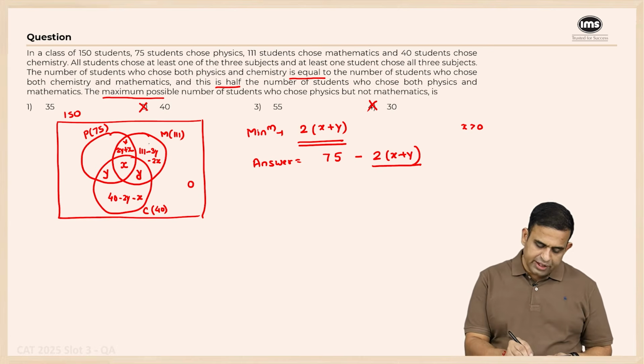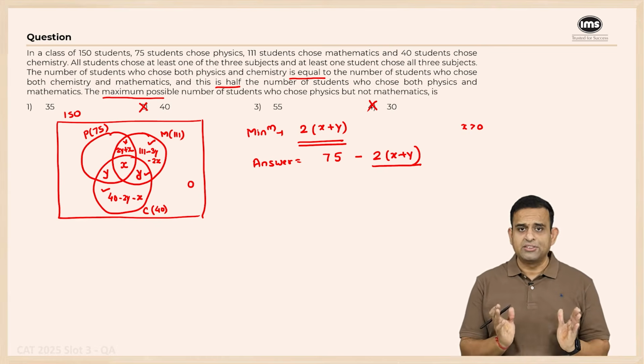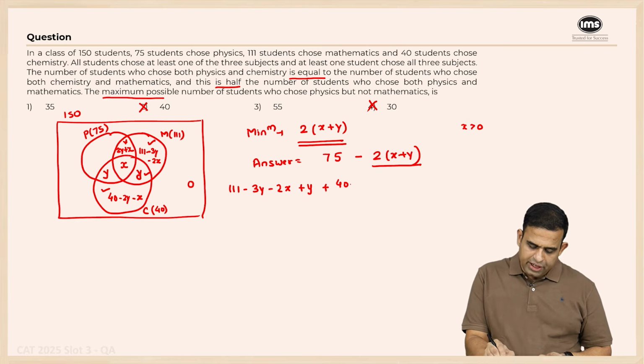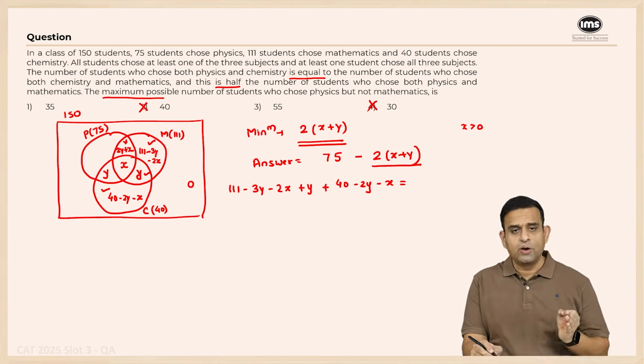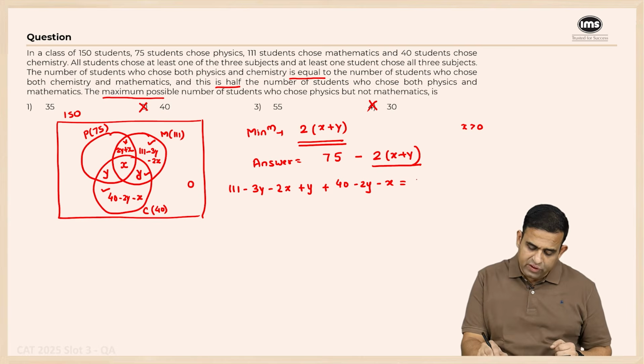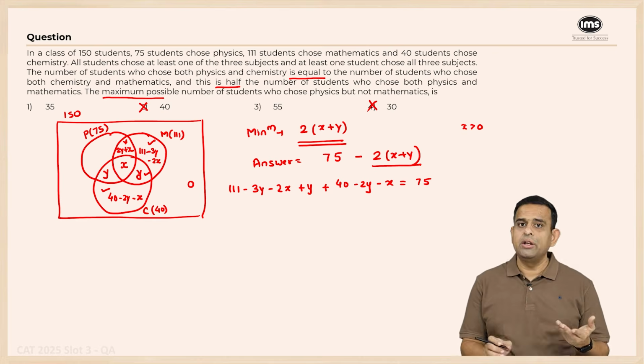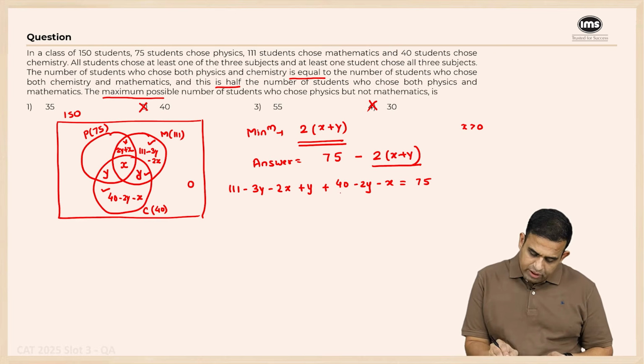Let's take the sum of these three numbers, because with these three total, I will get one equation involving x and y. So I will get 1 minus 3y minus 2x plus y plus 40 minus 2y minus x, and this should be equal to 150 minus 75, giving you 75. So from this I can easily find one equation. 1 plus 40 will become 41.